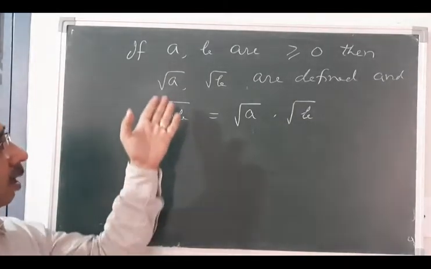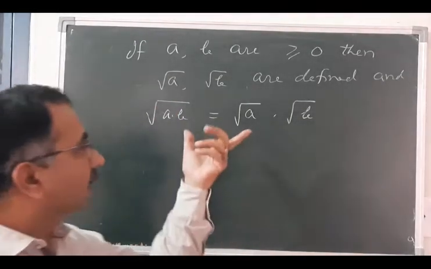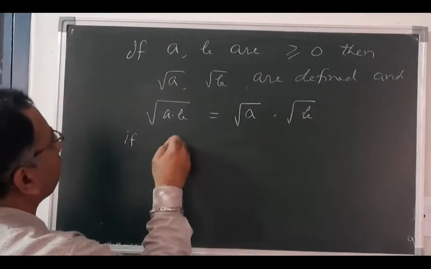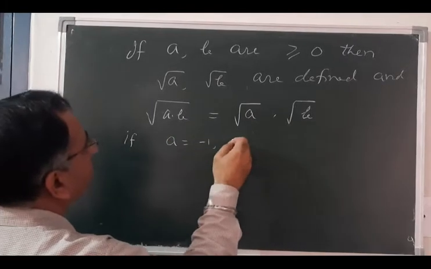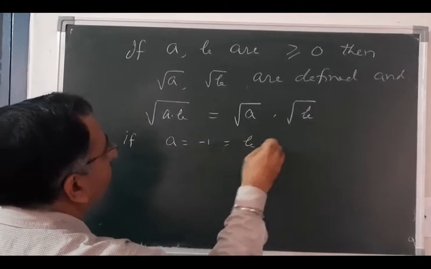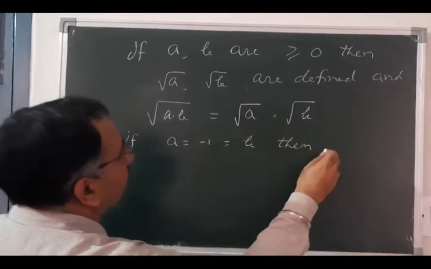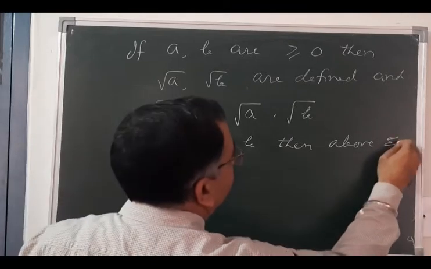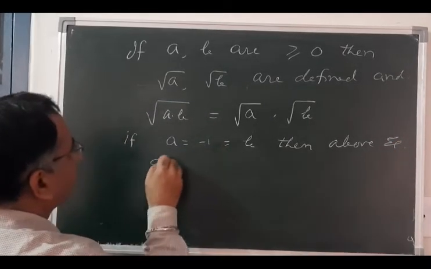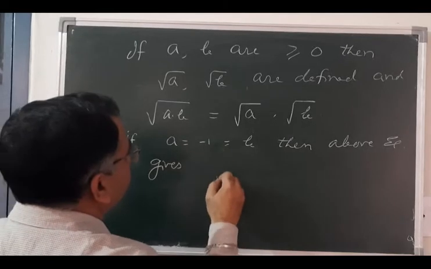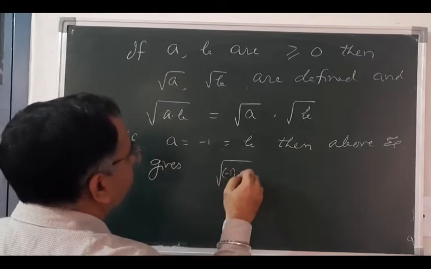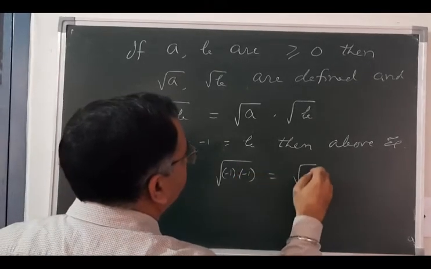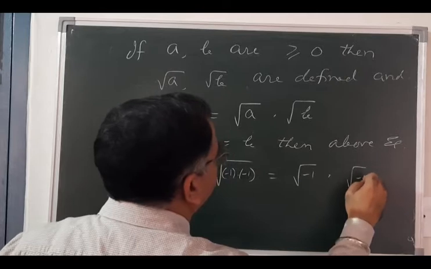I'll show you that if a and b are negative numbers, this relation is not true. If a equal to -1 is equal to b, then the above equation gives square root of -1 into -1 is equal to square root of -1 times square root of -1.